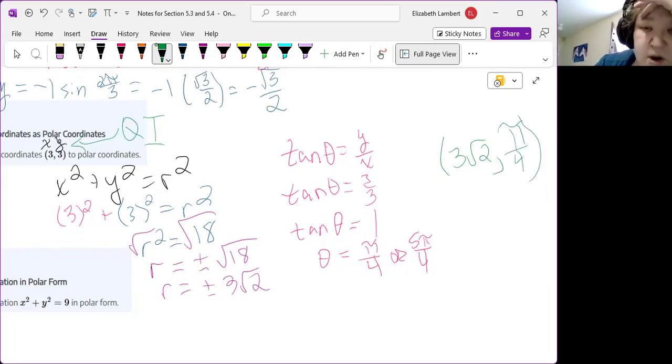Now, if I also wanted my other answer, the 5 pi over 4 is pi radians away from pi over 4. So if I go to 5 pi over 4, I'm in quadrant 3, but if I count negatively on it, I'll go back into quadrant 1. So I could also do negative 3 square root of 2, 5 pi over 4.